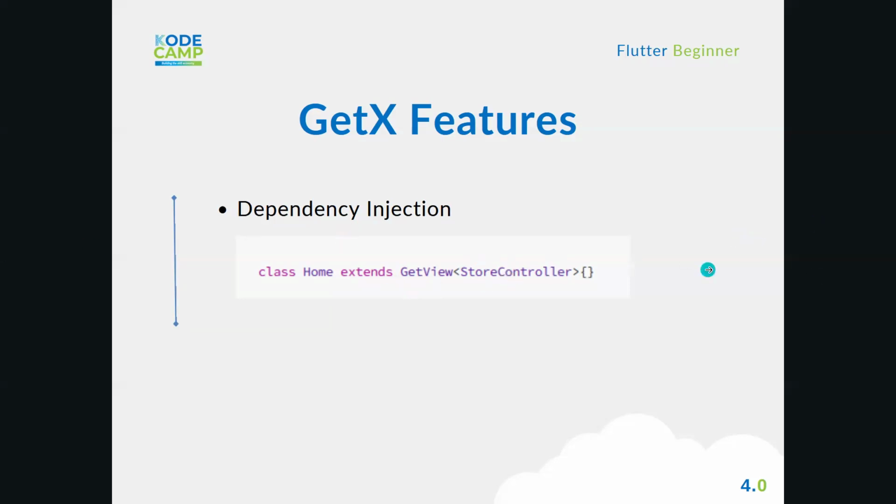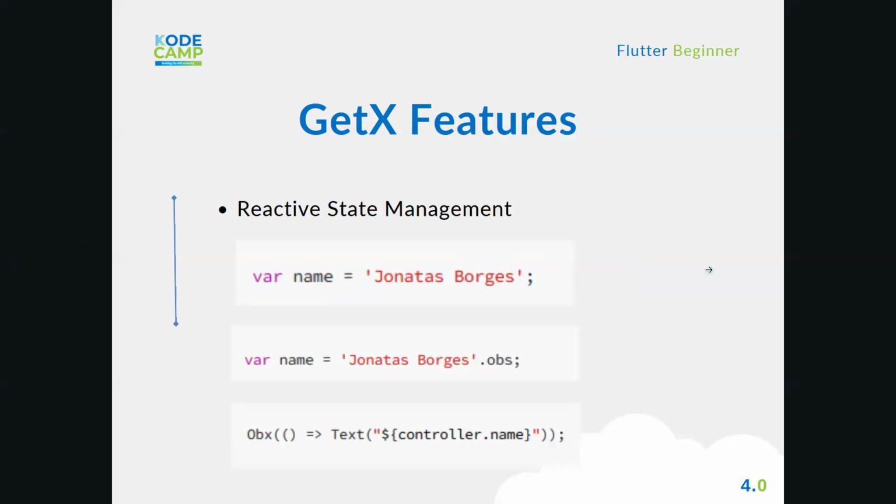And yeah, another feature which is also a very amazing one is the reactive state management. So I think I said that earlier. GetX automatically updates the UI when the state changes. So it has this reactivity system. You can see this here. We have this variable called name, which is just a variable.